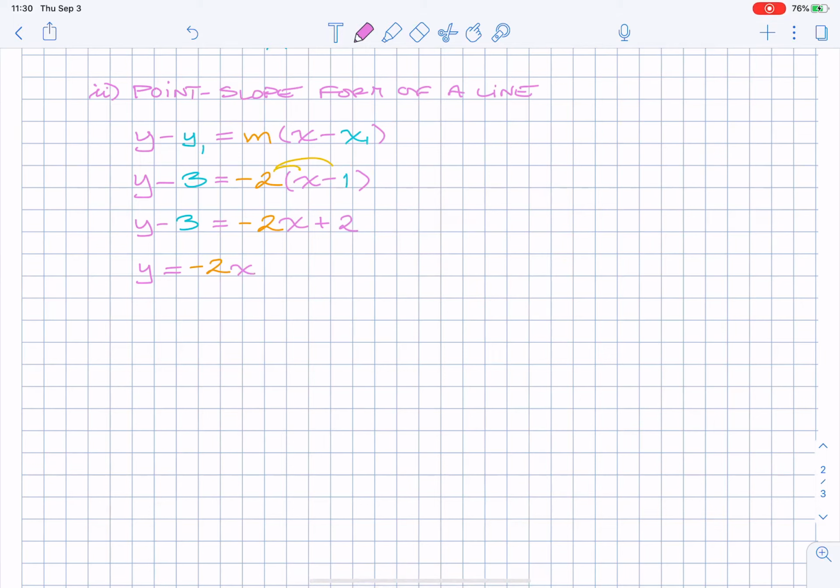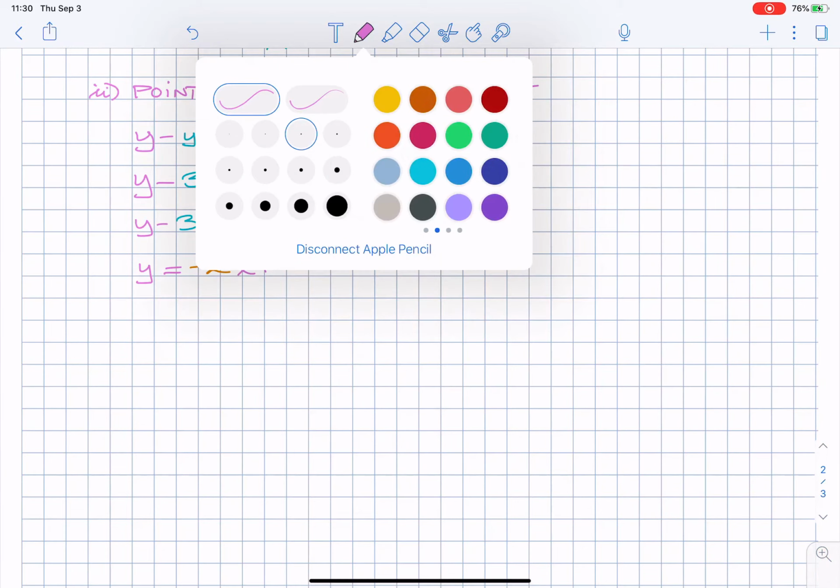Let's think about this. 2 plus 3 will be plus 5, right? So there we are. This is the equation of the line using the point-slope form. And notice when we solve for y, we get the slope-intercept form, right?